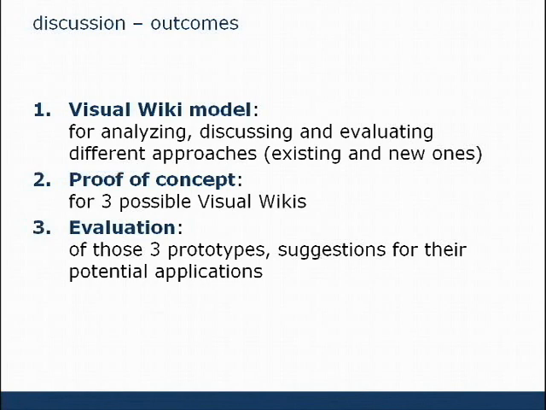So we've then looked at a proof of concept in terms of 3 different prototypes, which we've deliberately chosen to exploit different characteristics within that theoretical model. And then we've done a very brief evaluation of those 3 prototypes, which all suggest that their specialisations suit them for particular information lifecycle purposes.